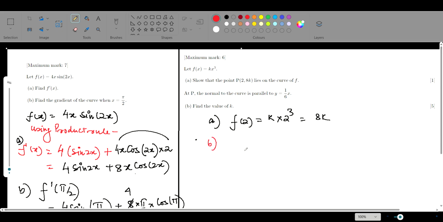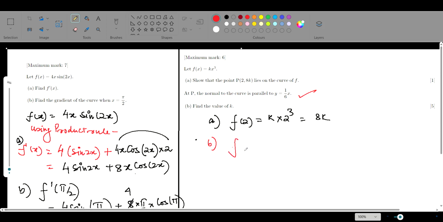If you do part B, at P the normal to the curve is parallel to the line y equals 1 by 6 x. So what do I need to do?